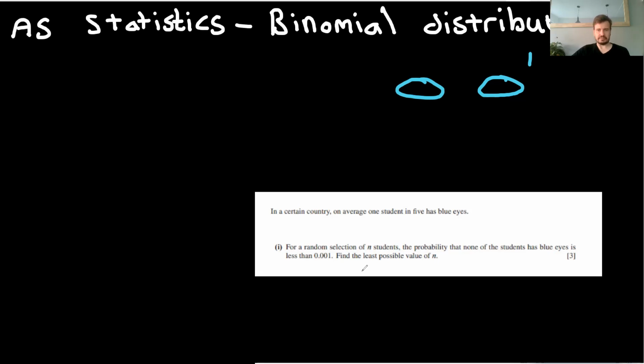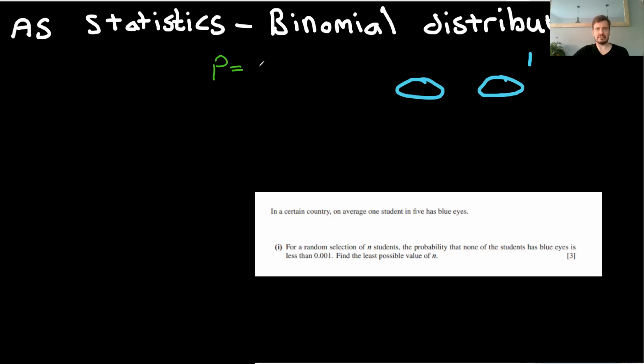All right, so what are the things we have to know in a binomial distribution? We've got to know what our P is, right? Our P is our chance of success. So let's make our P green. So that's our success.